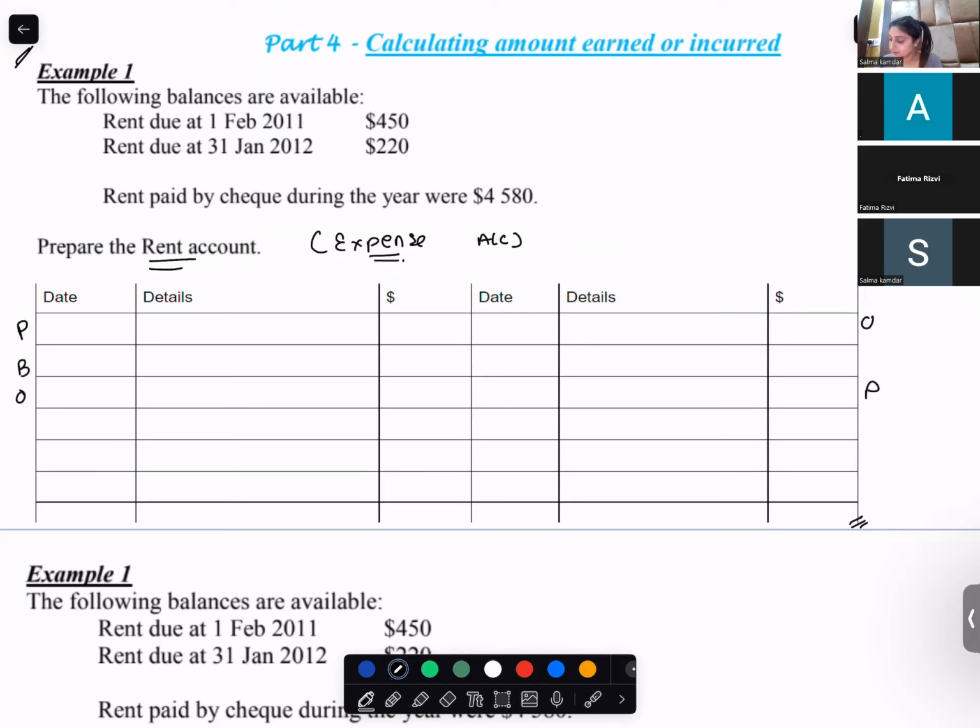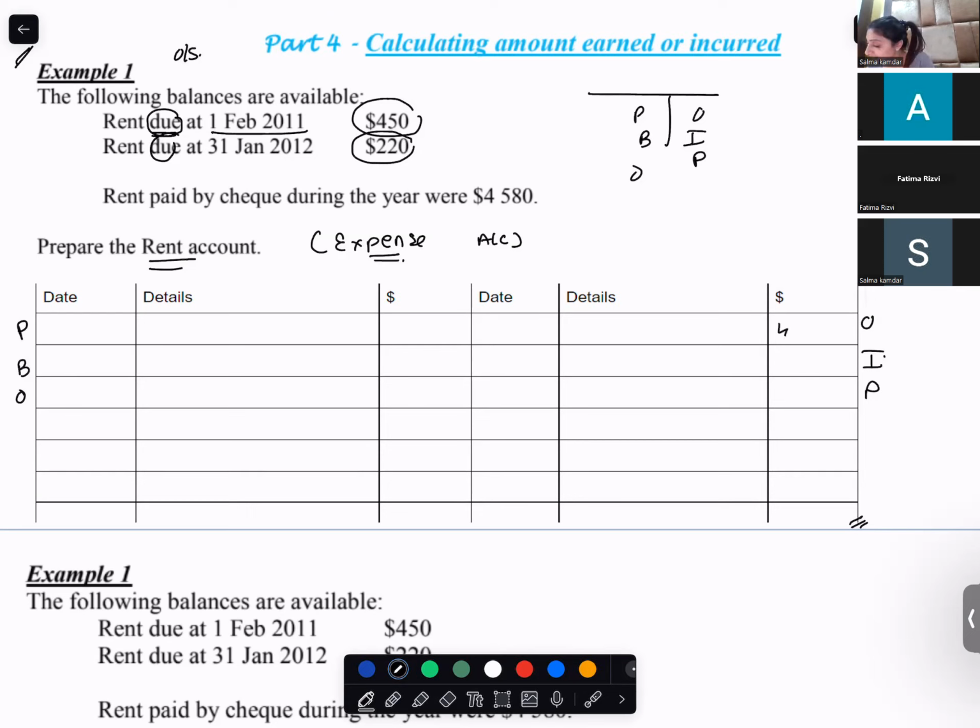First you see the format. Our format is Prepaid, Outstanding, Bank. Due means what? Due means outstanding. Very good. So one is the outstanding on the first date, the other is the outstanding on the last date.